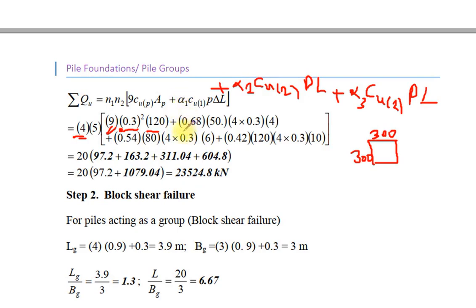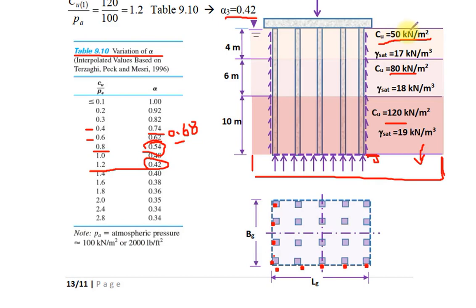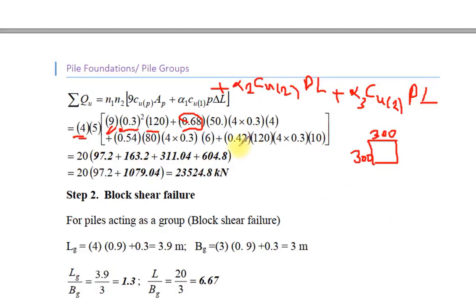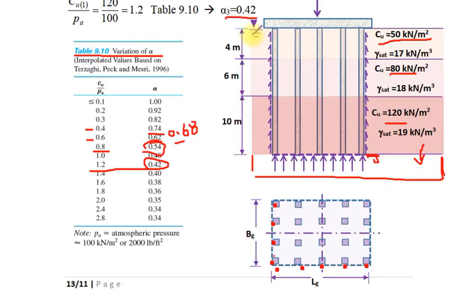Skin friction for the first layer: alpha 1.68 multiplied by end-to-end cohesion for the first layer, end-to-end cohesion equal to 50, multiplied by the parameter for the pile in the first layer, 4 multiplied by 0.3, or 0.3 plus 0.3 plus 0.3 plus 0.3, multiplied by the thickness of the layer.